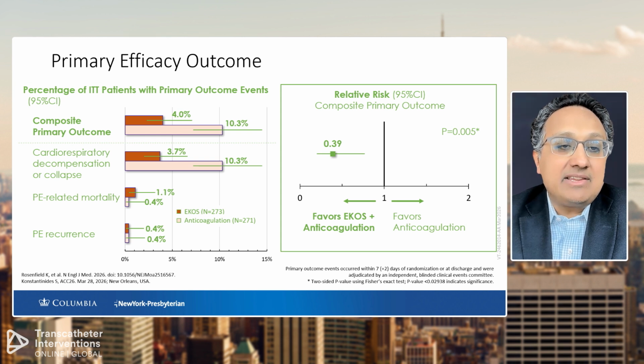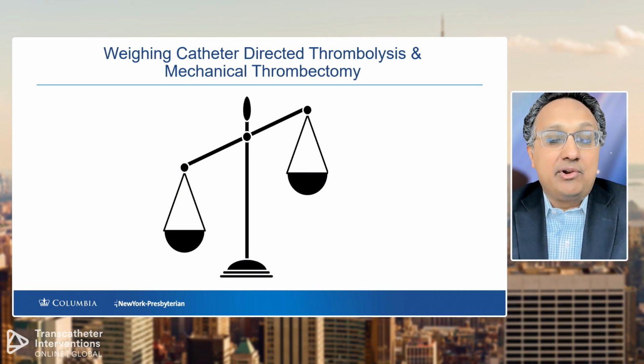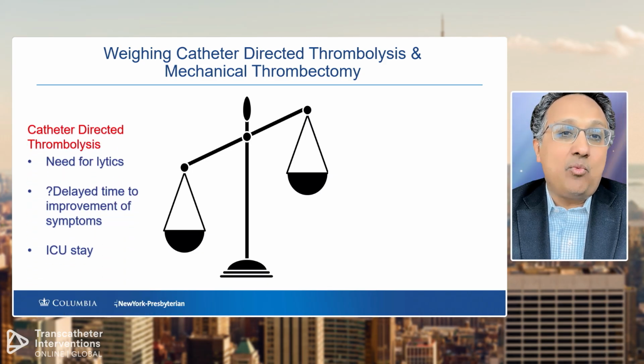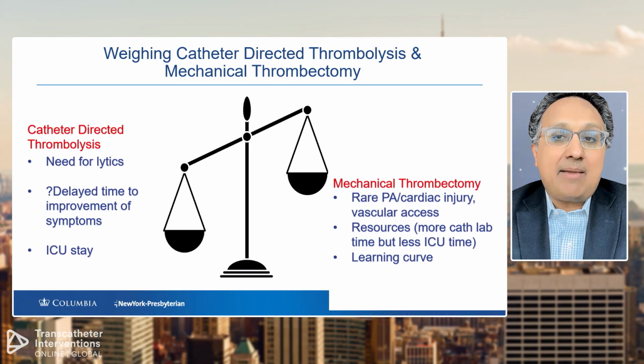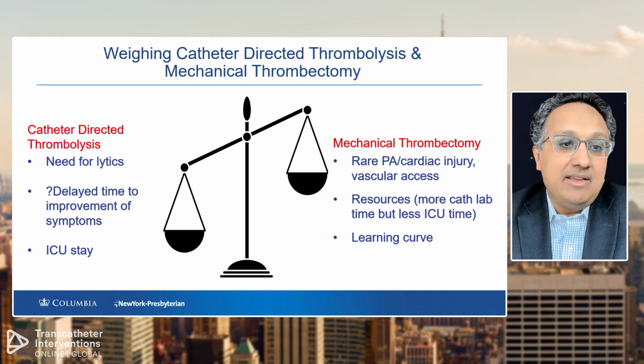And you can see quite a substantial reduction in the relative risk of that composite outcome. And so I think now we finally have real randomized data that allow us to weigh which therapeutic option we might use in a patient, getting to some of the questions we've been talking about.